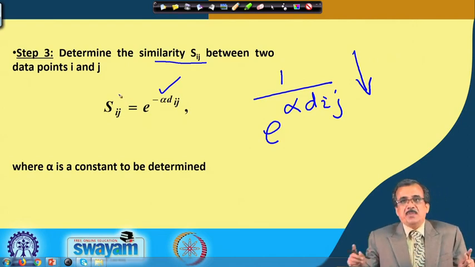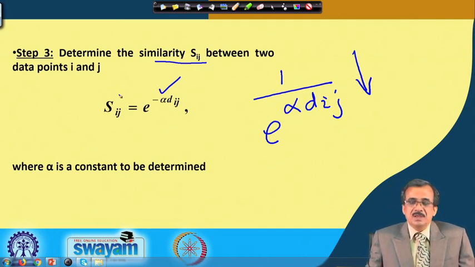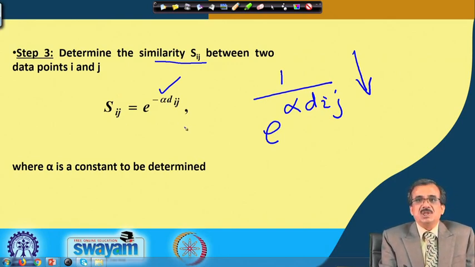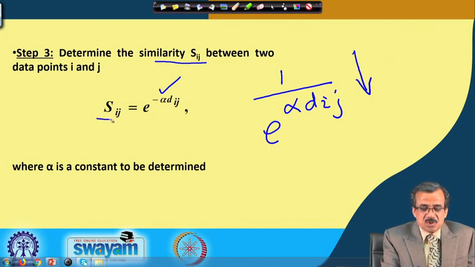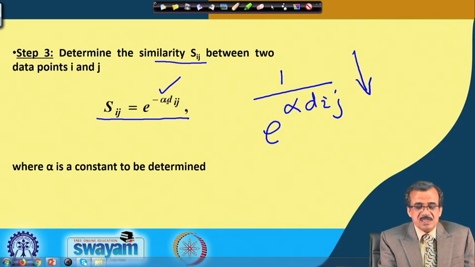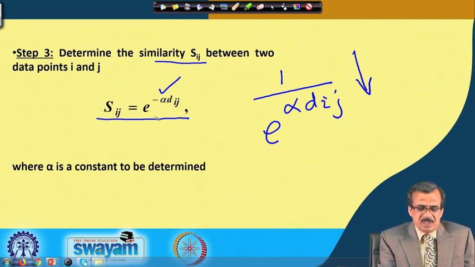If the two data points are too far, the similarity will be less and vice versa. Here I just want to mention that this particular relationship is actually not unique. I can write down this relationship between the Euclidean distance and similarity in a slightly different way also, but this is actually the method of the proposer.